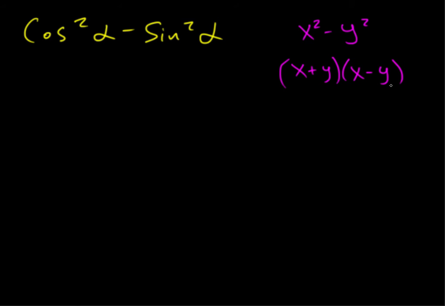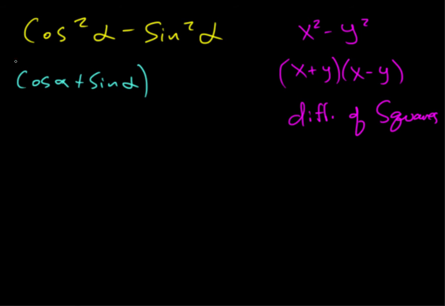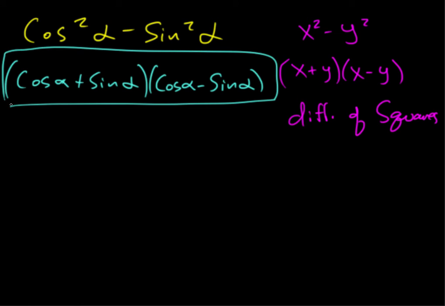It's called difference of squares. So that's what we're going to do here. We're just going to do cosine alpha plus sine alpha, and then cosine alpha minus sine alpha. Okay? So the directions were to factorize.